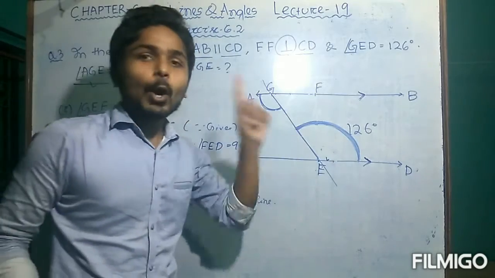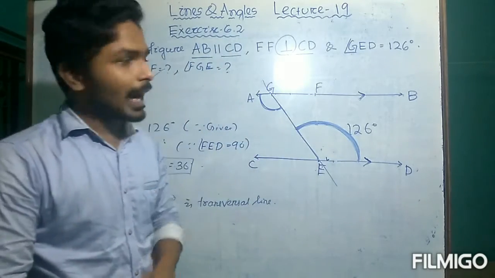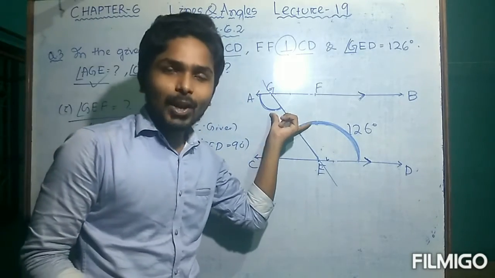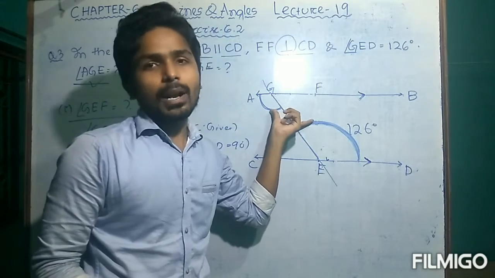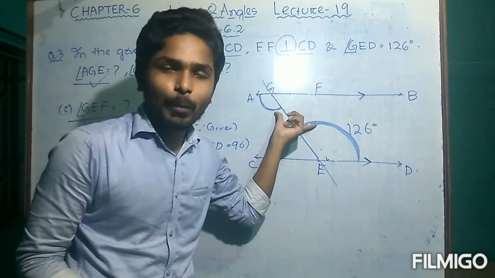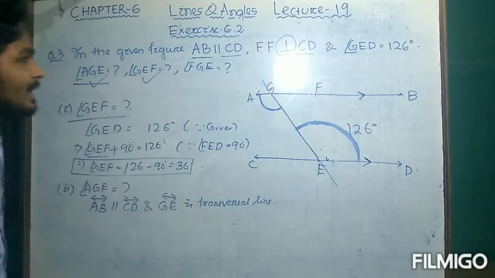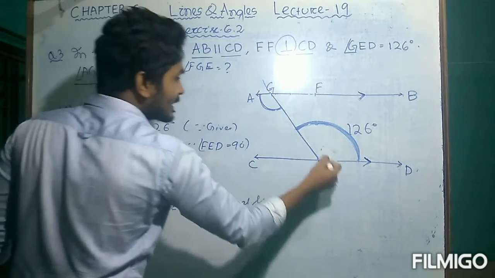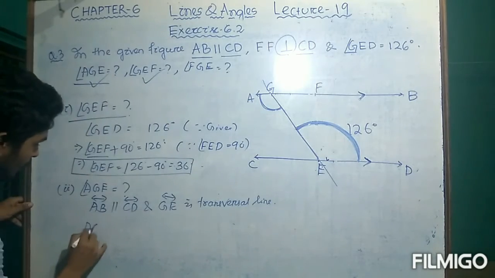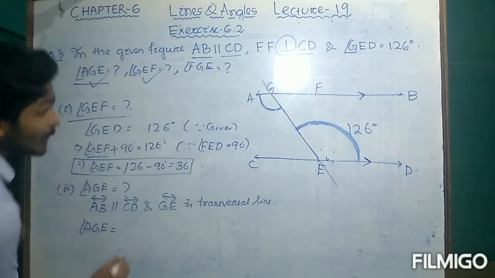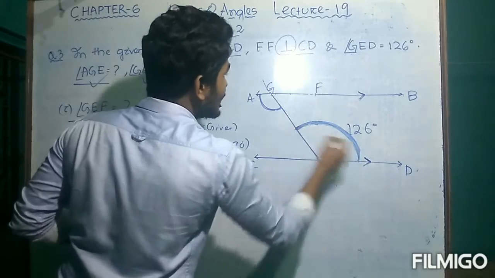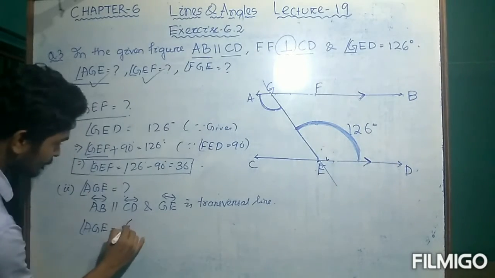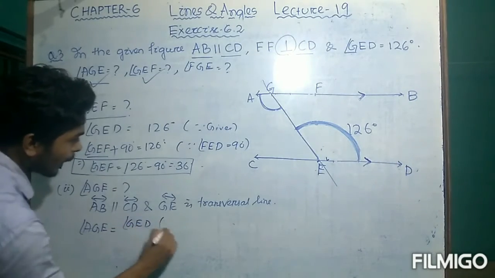These two angles are alternate interior angles, and we know the pair of alternate interior angles are equal according to theorem 6.2. So you can write the angle AGE is equal to this angle, which means GED. Why?